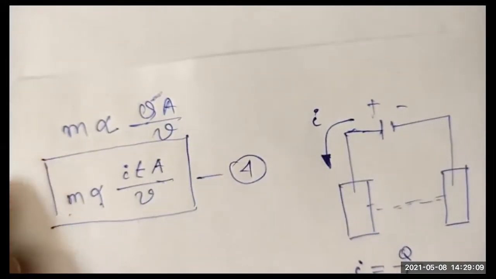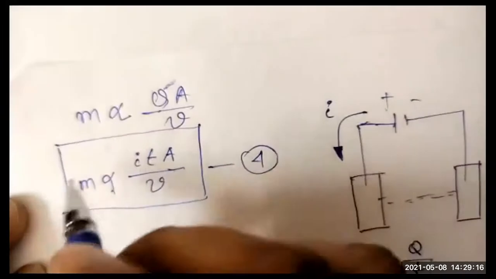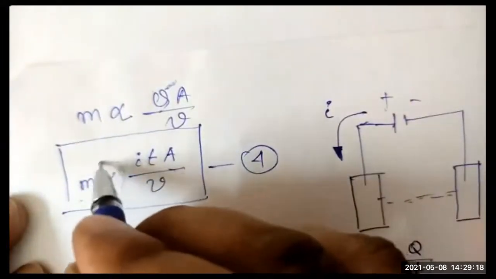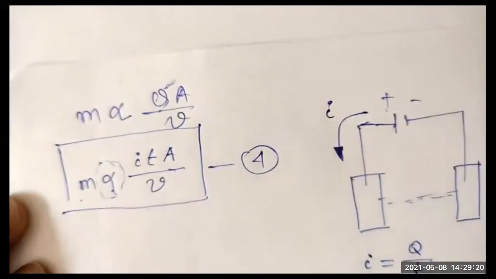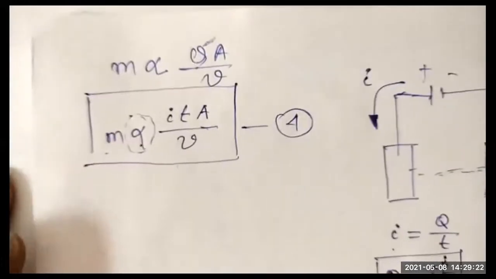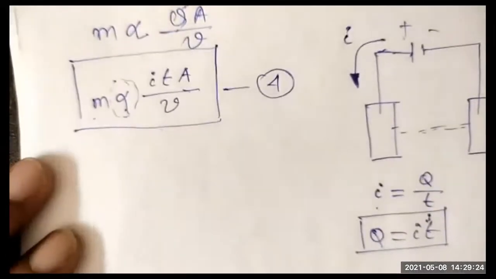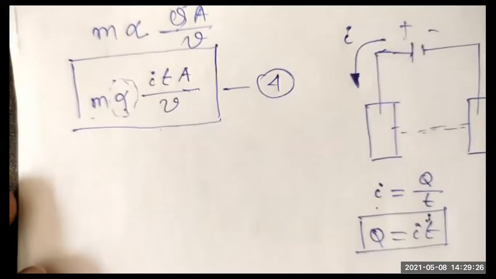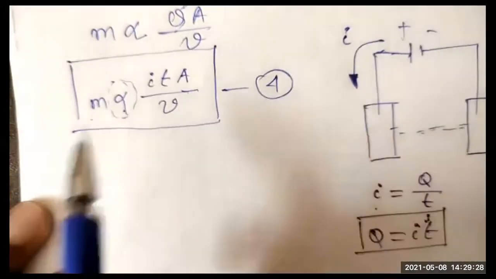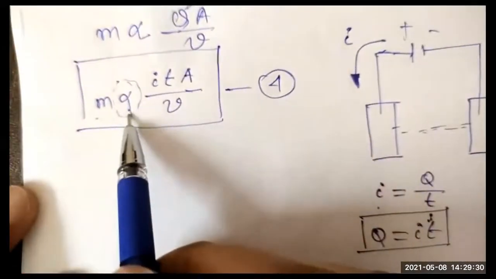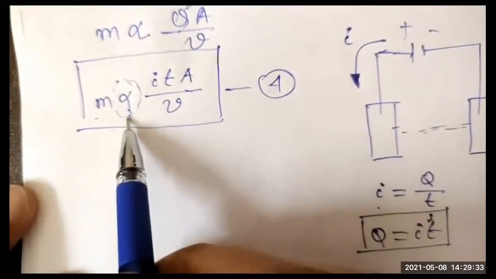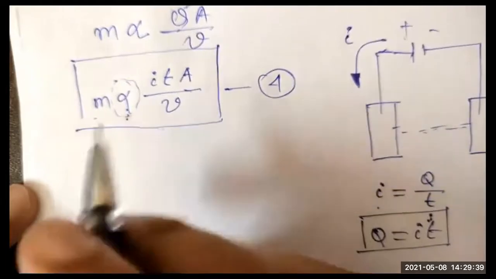Clear? Now, somehow we need to do something with this equivalent term. As these two laws are Faraday's laws, in order to remove this equivalent symbol, we are going to include something called Faraday's constant.